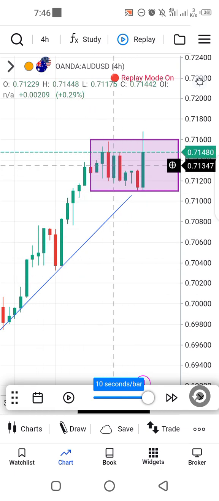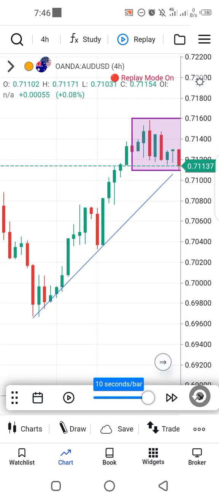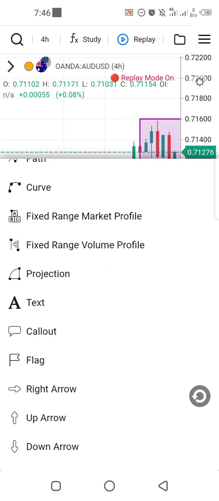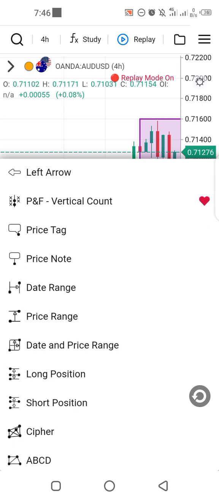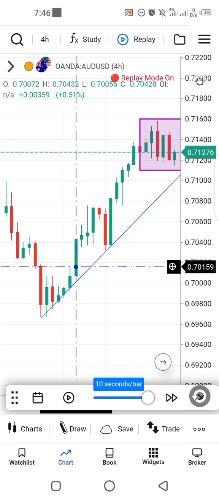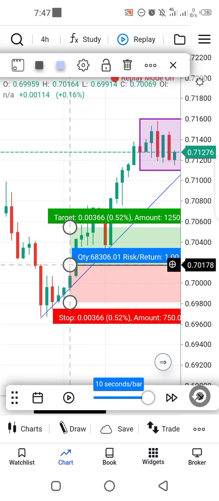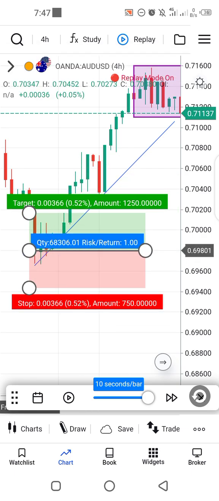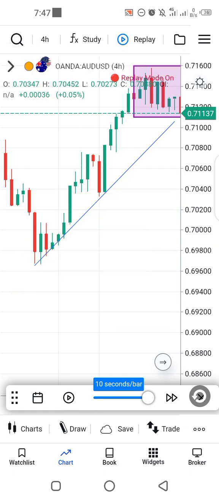I've already made a lot of money, maybe 1 to 1 or 1 to 2 or 1 to 3 safe. Let's check how much we have made before that range started. So I think we entered somewhere here, and we set our stop loss. This thing is not easy to control.